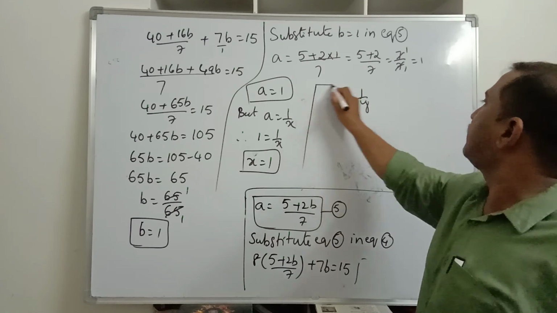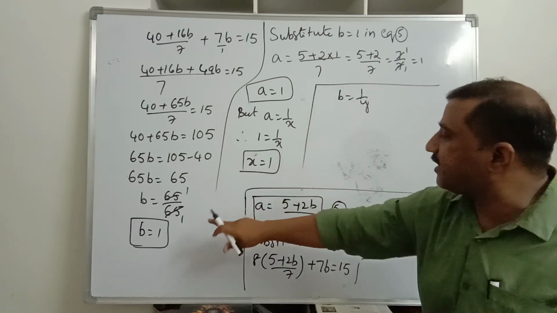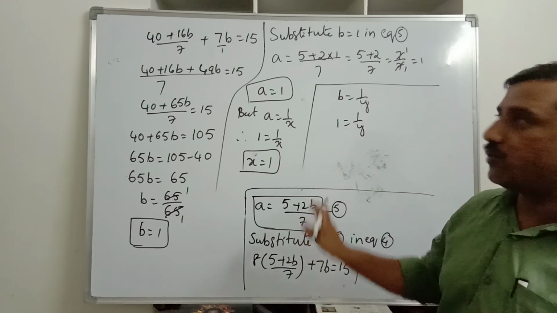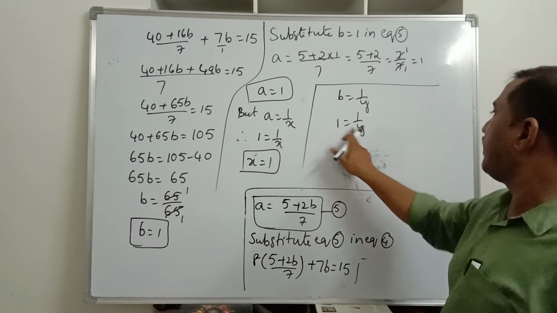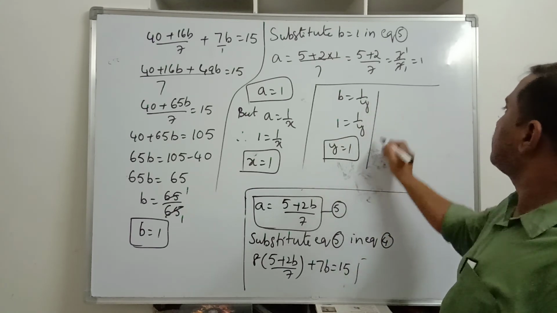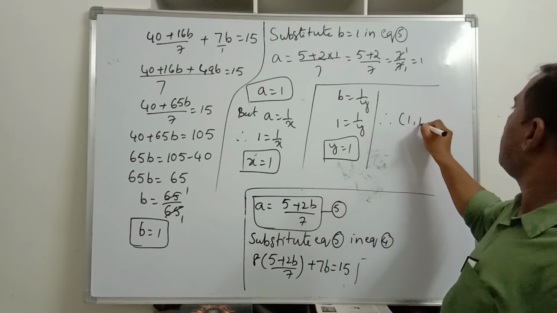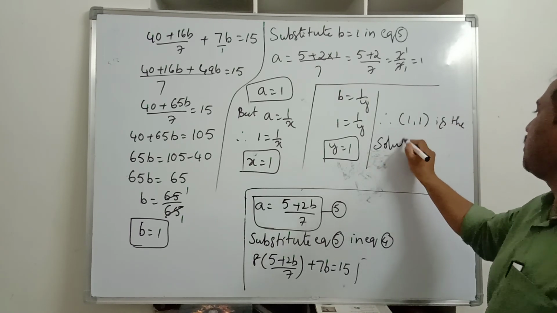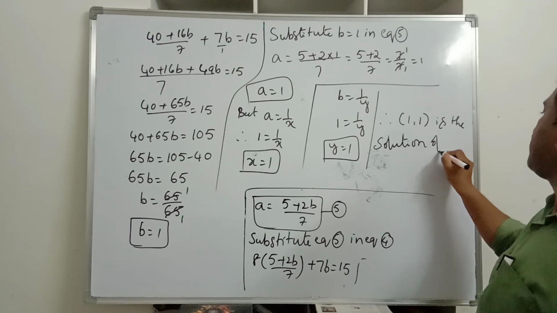Then b is equal to 1, that is 1 equal to 1 by y, by cross multiplication y is equal to 1. Therefore what is the solution? 1 comma 1 is the solution of the given equations.